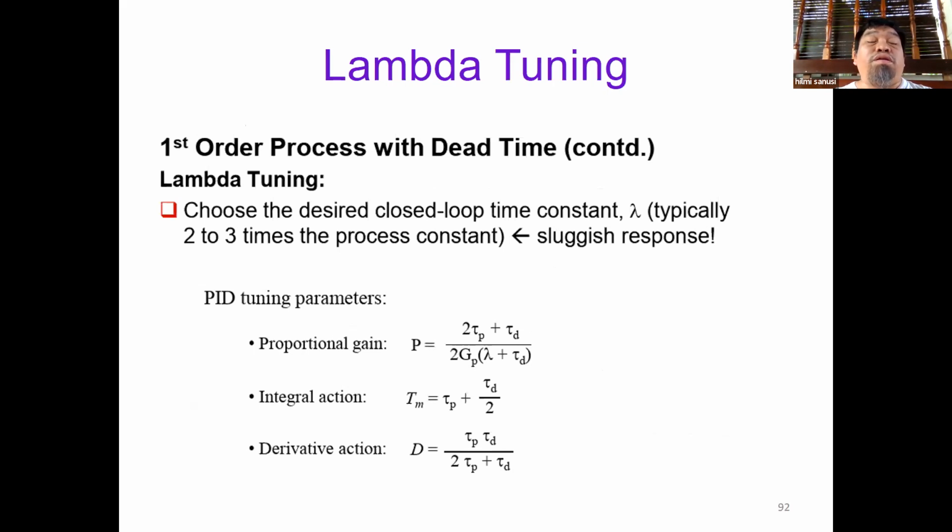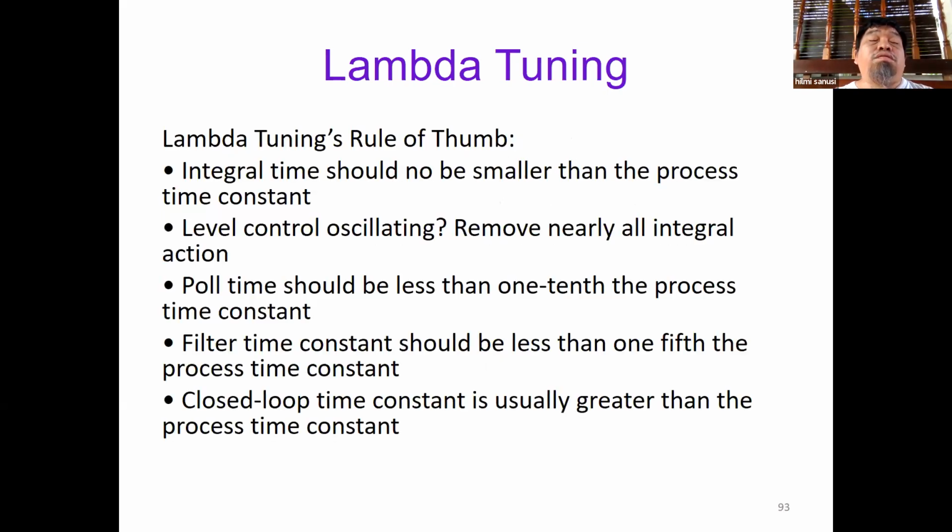So dia variskan value, typically 2 to 3 times the process constant. So this lambda is the one that you want to tune. Okay, so this is how you want to implement lambda tuning.